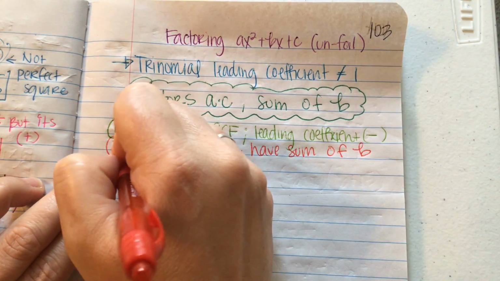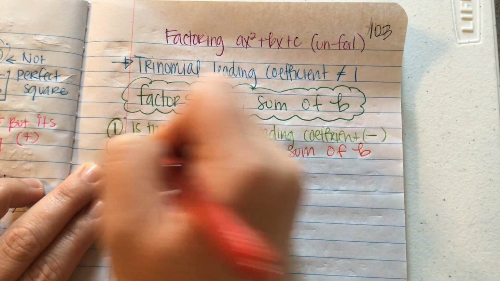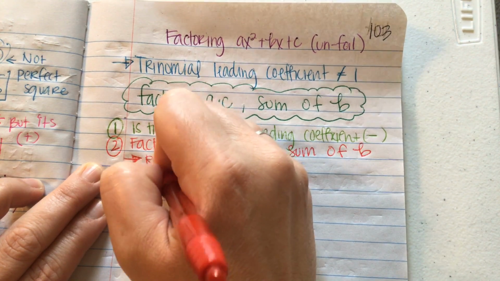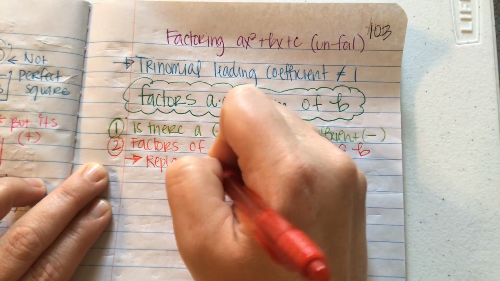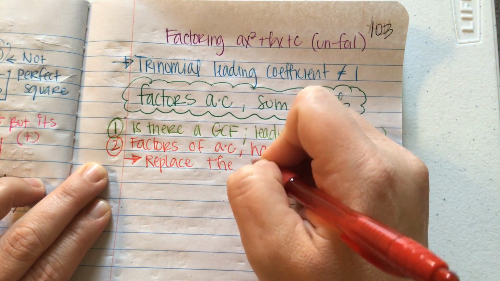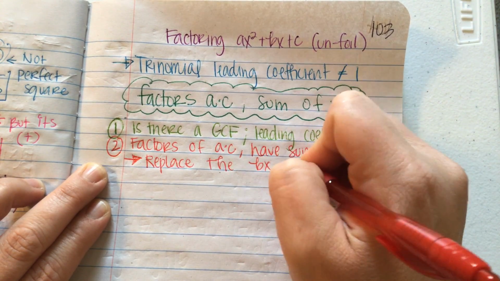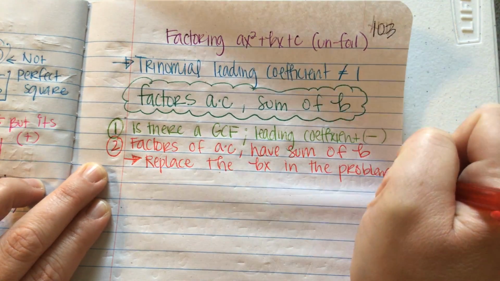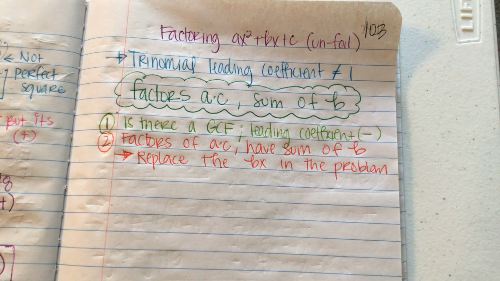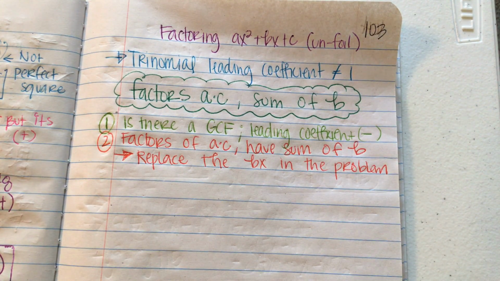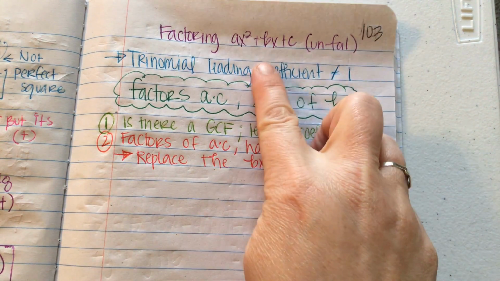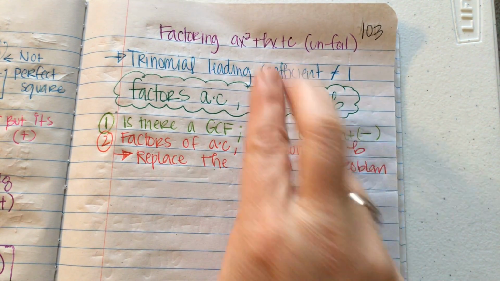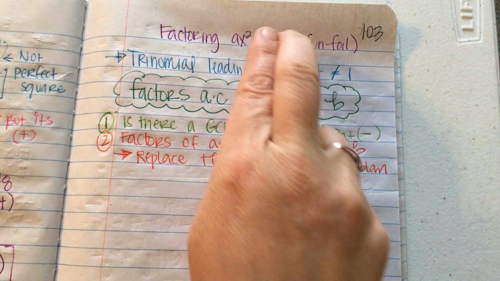Then these two factors that you come up with are going to replace the BX in the problem. So we're taking our trinomial and replacing that middle BX term with the two factors.